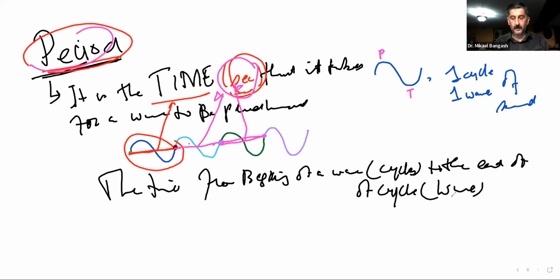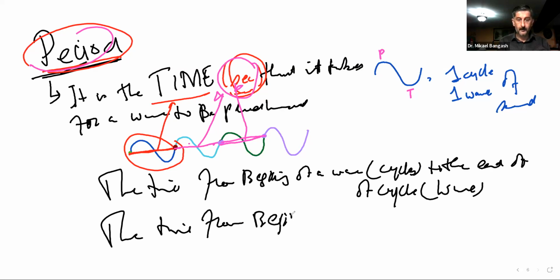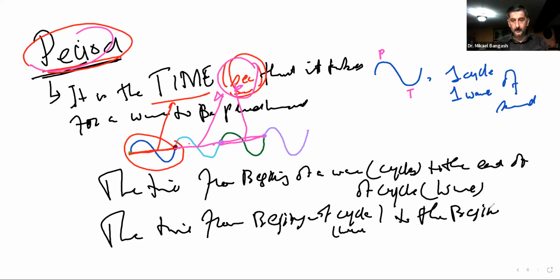Or we can say the time from the beginning of a wave or cycle to the beginning of the next wave or cycle.